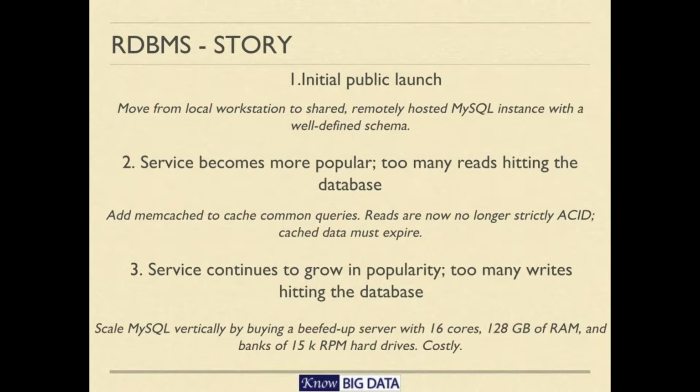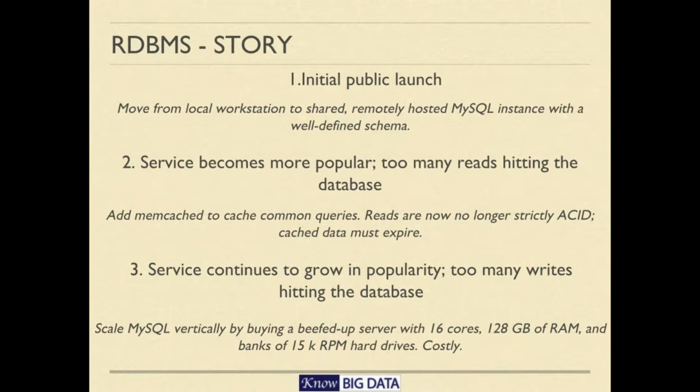Correct? Third, the service continues to grow and too many writes are hitting the database. Not a big problem. All we do is we beef up our MySQL server. We put lots of hardware in your database. You put like 16 cores and 128 GB RAM.